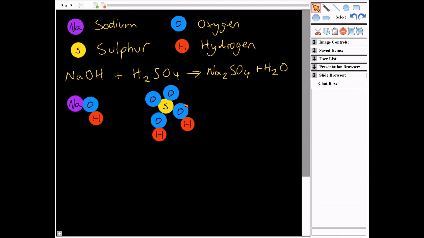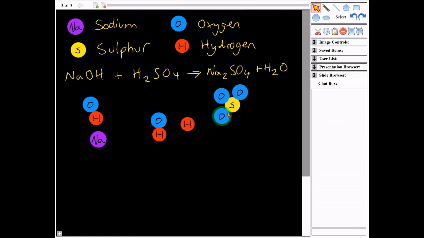So now, if I try to rearrange the atoms and make this, I will take my sulfur and my 4 oxygens. That's going to be okay. And I'm going to take my hydrogen and my oxygen and my hydrogen.